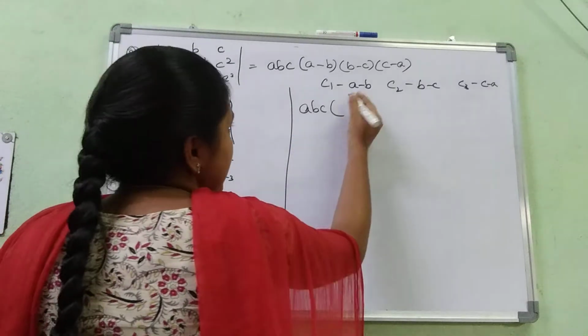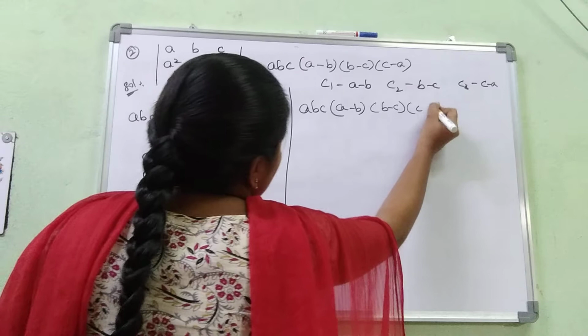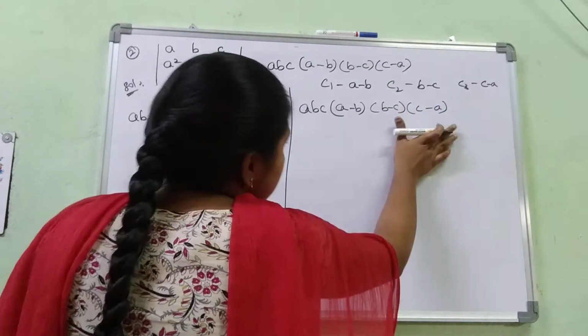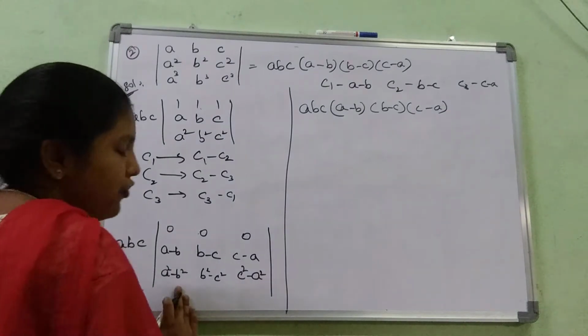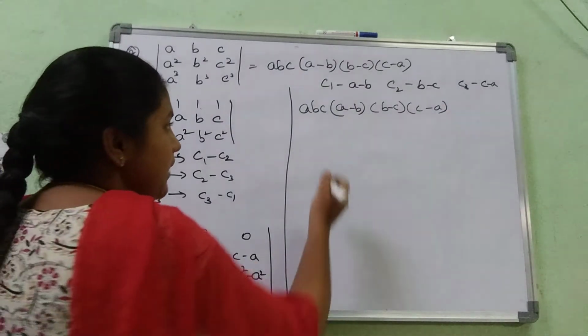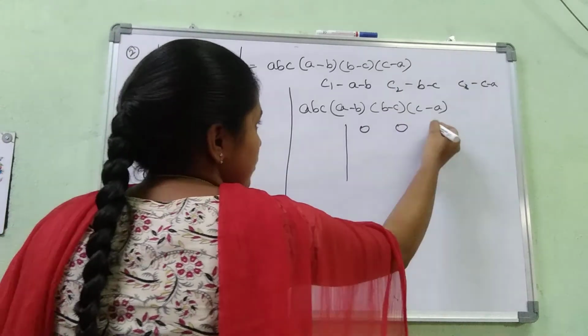ABC into A minus B into B minus C into C minus A, because these are the things we are taking out from this matrix. So the remaining matrix will be this one, with 0, 0, 0.